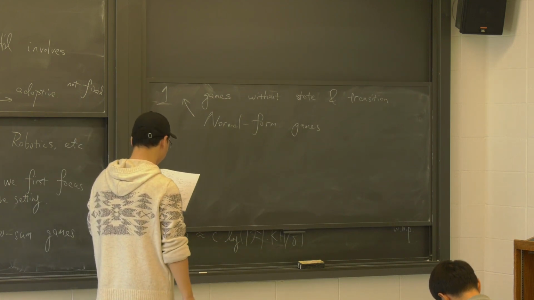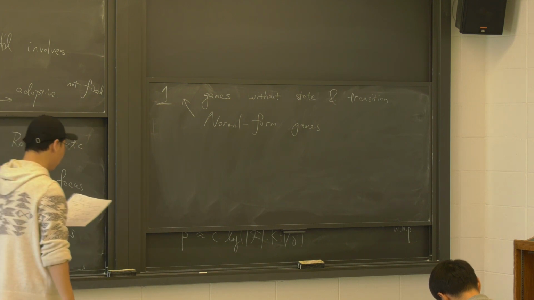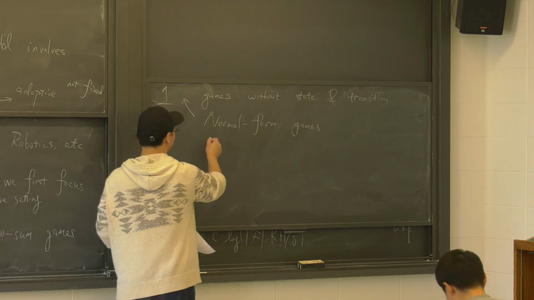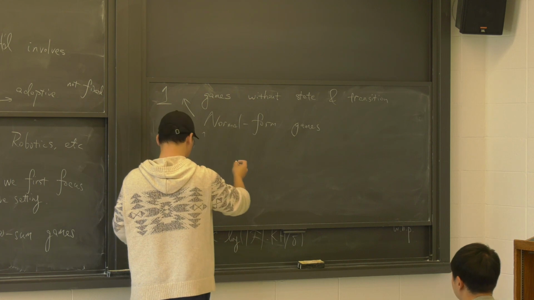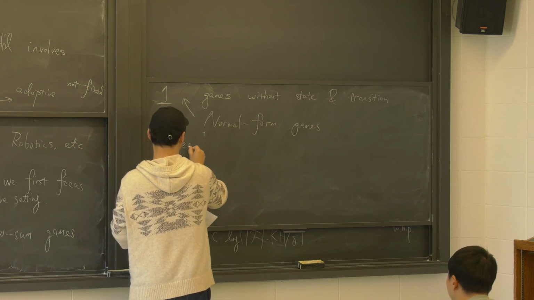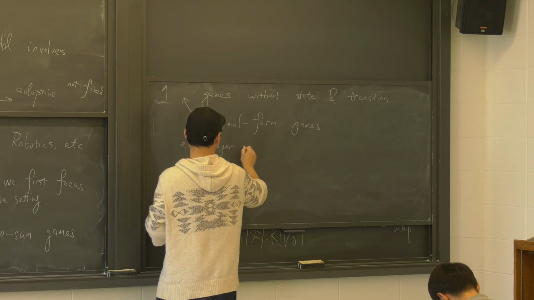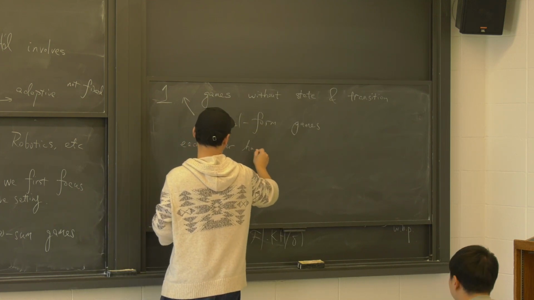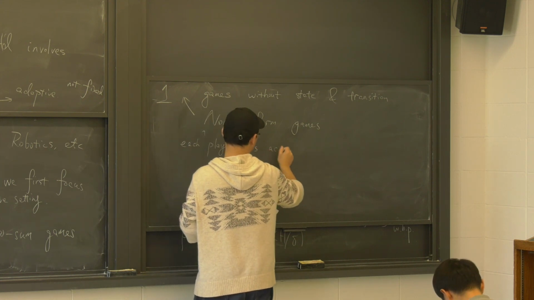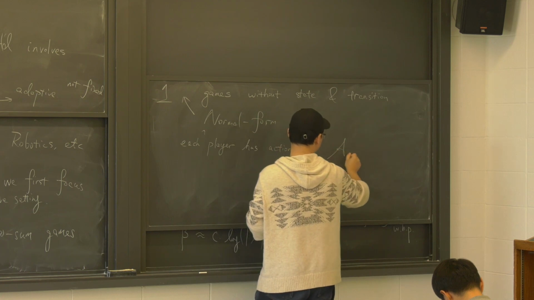Normal form game is quite simple if we consider normal form and two-player zero-sum game. Essentially, to define a normal form game, all we need is just a utility function. We assume each player has an action set, let's say A and B.